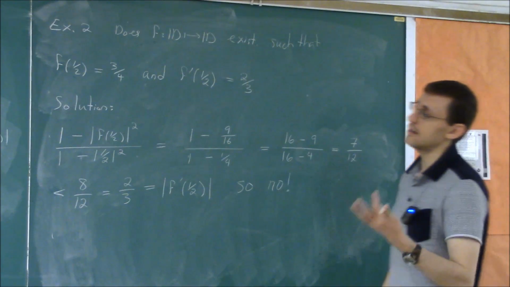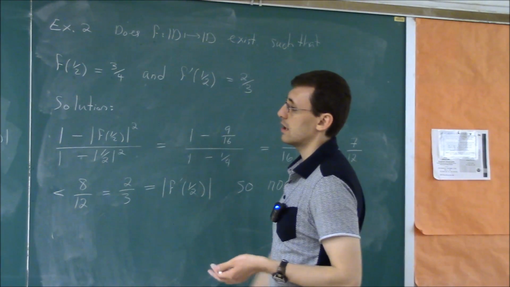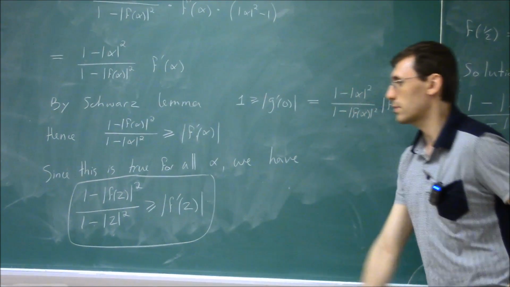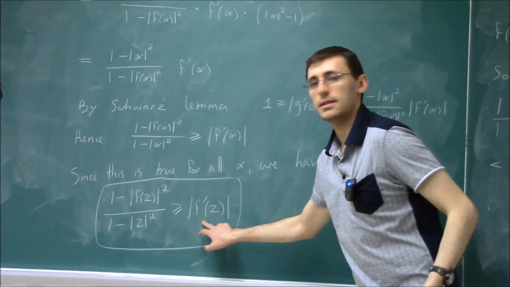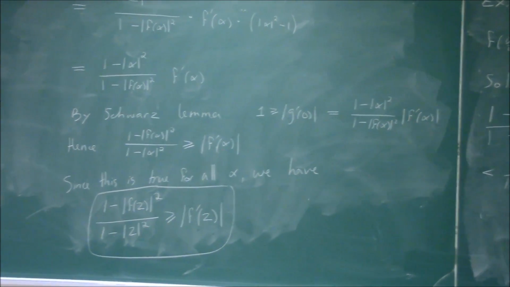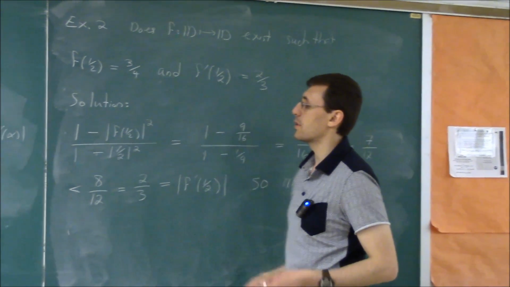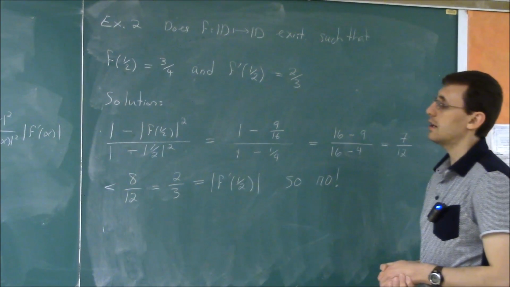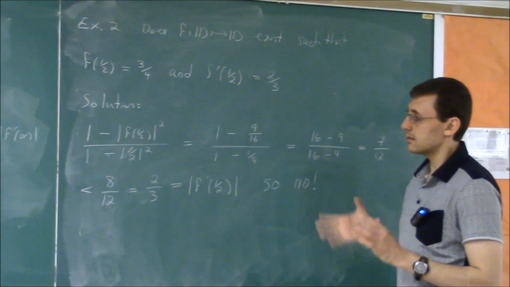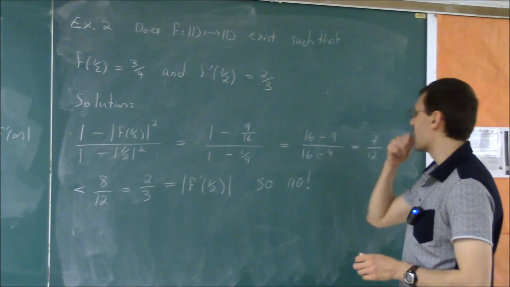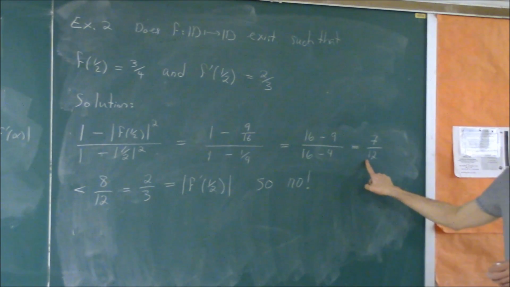So we begin with this estimate that we have right over here. We have some relationship between the function at z and its derivative at z. So we calculate 1 minus modulus f of 1/2 squared over 1 minus modulus 1/2 squared, and that will give us the number 7 over 12.